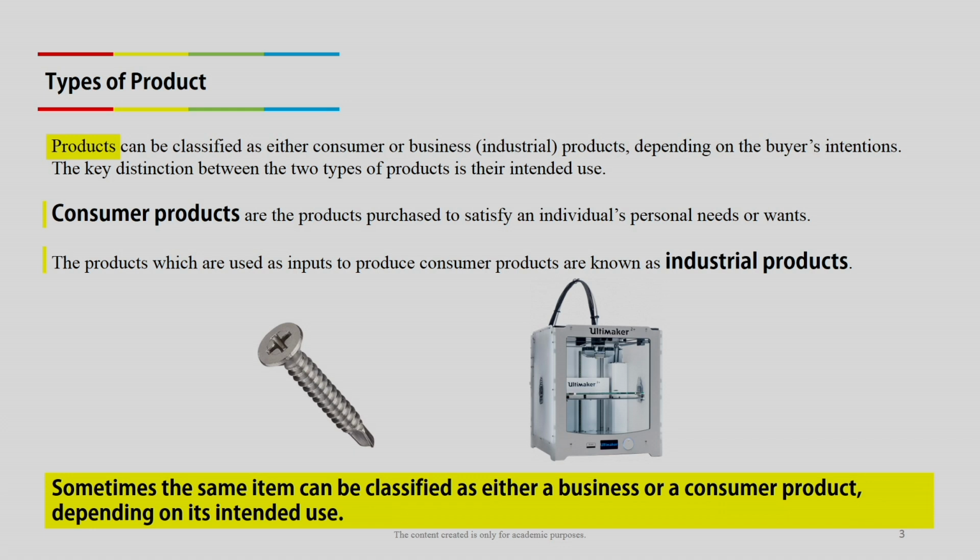Consumer products are products purchased to satisfy an individual's personal need or wants, and the products which are used as input to produce consumer products are known as industrial products. For example, screws. We can ask whether screws are an industrial product or a consumer product.